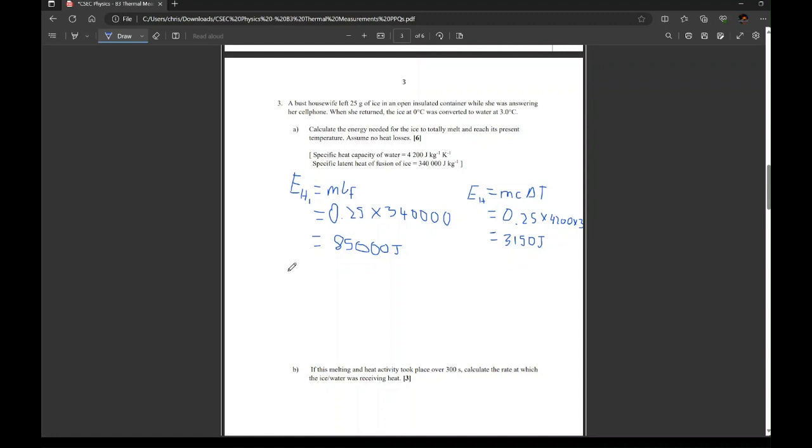Okay, so now we can go ahead and calculate the total energy needed. So that's going to be represented again by summation Eh. And since I forgot to label this Eh2.